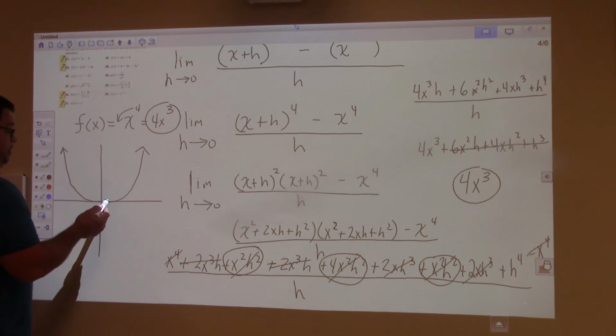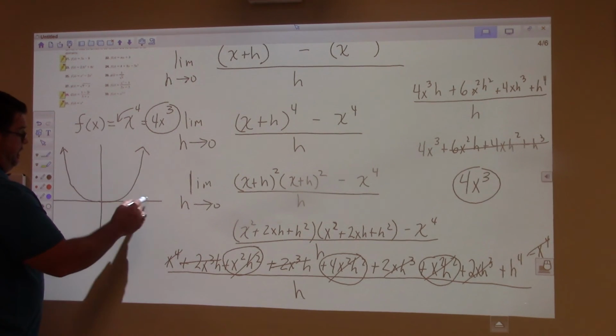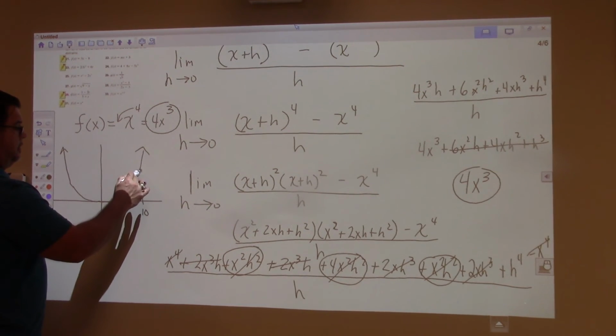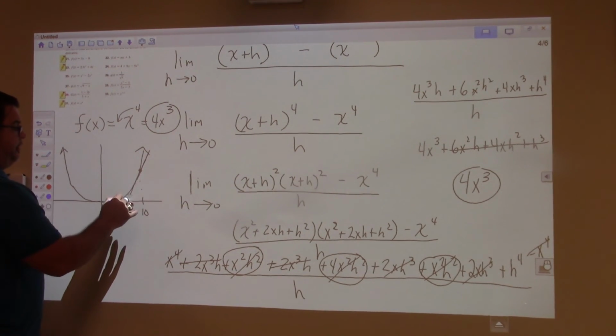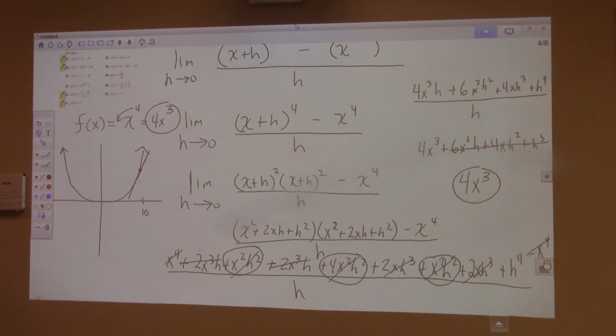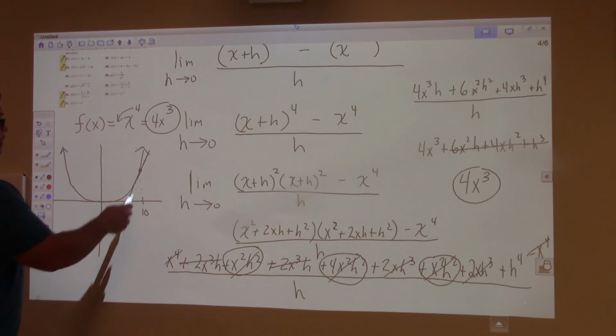Now you can find your slope. Let's say go way out here to 10, x is equal to 10. Looks like it's going to be a positive slope. So 10 to the third is some big number, 1,000, so 4,000 over 1.